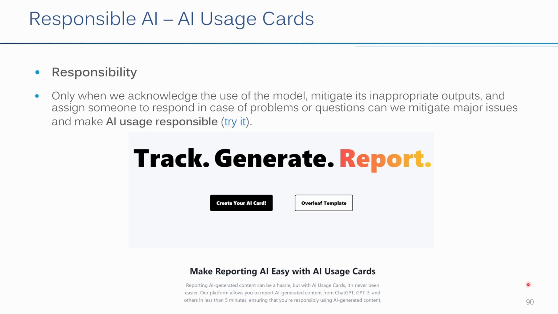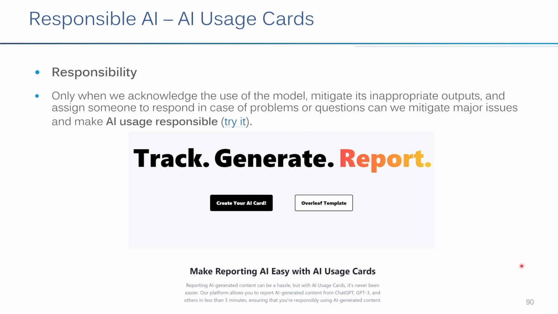And here we have a link that you can play around with and design your own cards. And after you design that, our system will generate a LaTeX template that will be sent to your email, right?